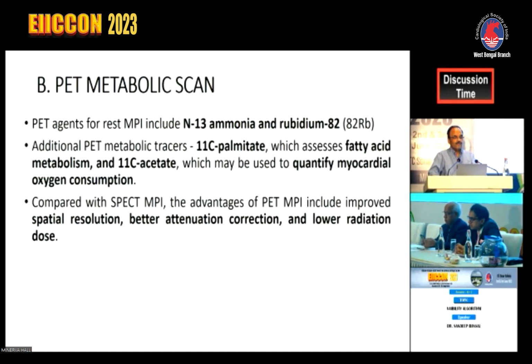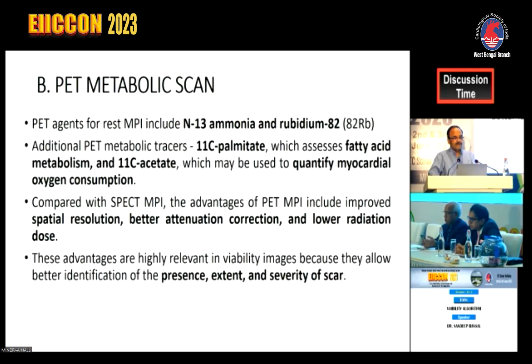As far as the PET scans are concerned, as I said, this consists of two imagings. One is the perfusion, which means whether the blood is going there or not. And the other is metabolism imaging. And as I said, in cases of chronic hibernation, the substrate changes from free fatty acid to glucose.